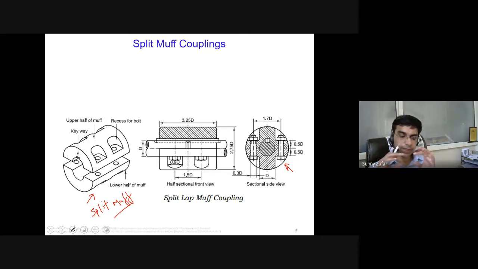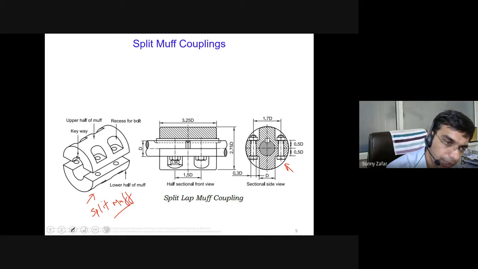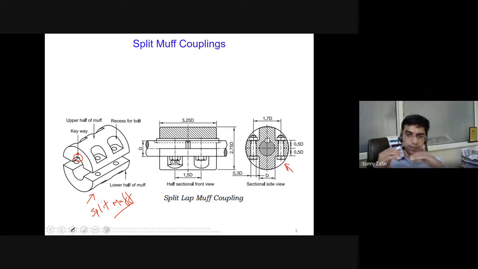Once you bring in the shaft, again to take the power from the shaft to the muff, a keyway has to be there, and then the recess for the bolts has to be also provided. These bolts cannot just protrude out of the muff, for safety purposes.